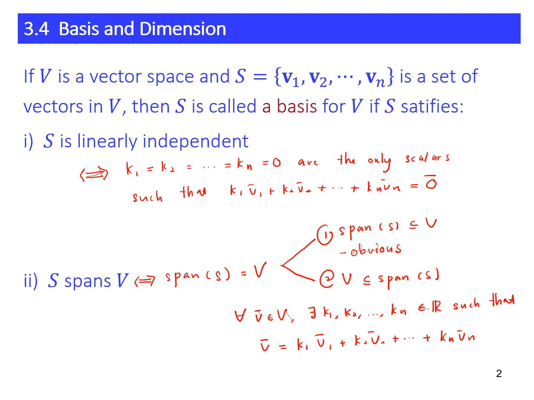Why do we have to show this? That is because this is an element of span S, because span S is a collection of all linear combinations of vectors in S.